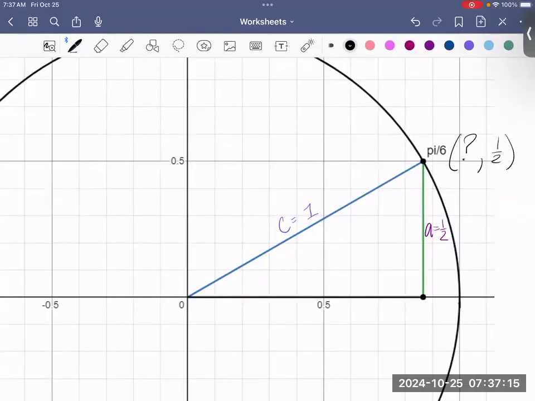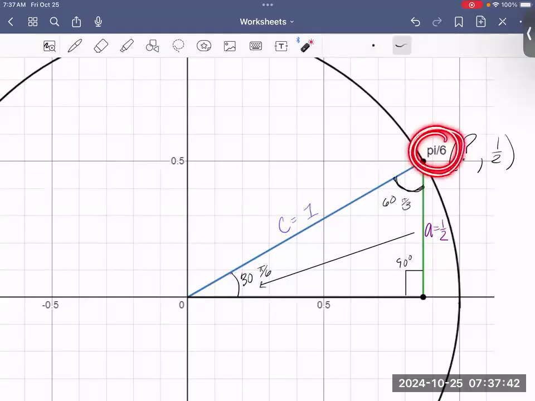And again, straight across, if we know that this value here is 1/2, and we're dealing with a 30, 60, 90, so this is our 90-degree angle here. So straight across, that means that this angle must be 30 degrees, or pi over 6, which means that this degree here is the 60-degree, or pi over 3 amount.